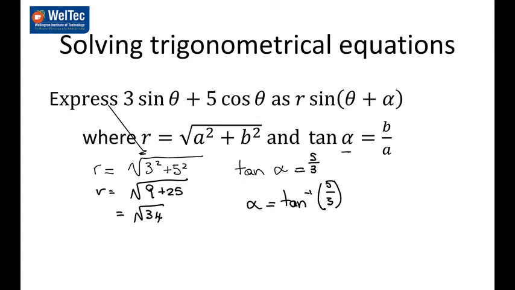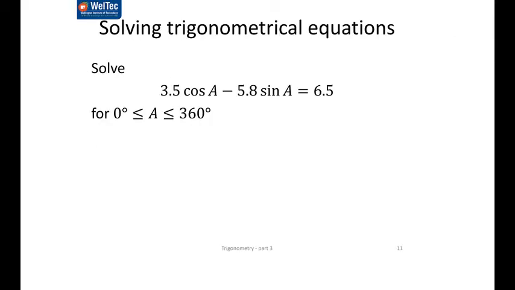Just need to do yourself a quick diagram, a quick triangle. In this case, the 3 is the horizontal and the 5 is the vertical. So that's your H there, and that's alpha there. Look at this one carefully before you start. It's written sort of almost back to front.